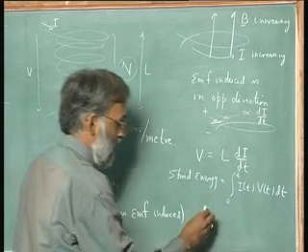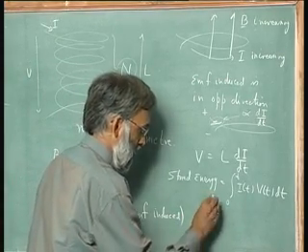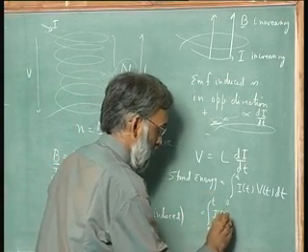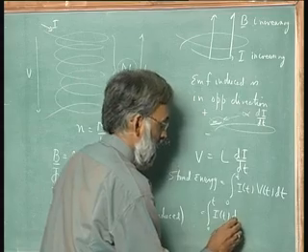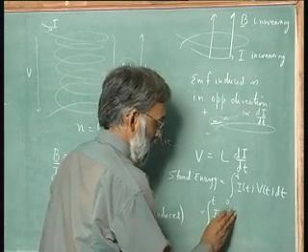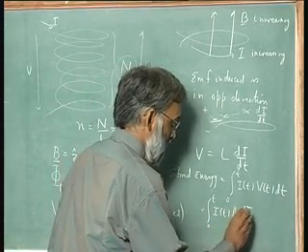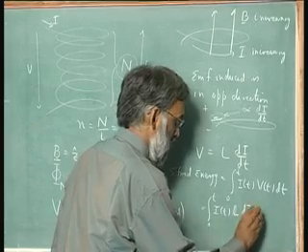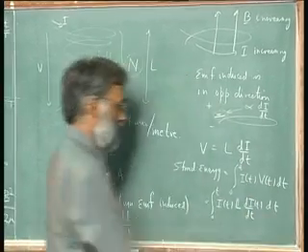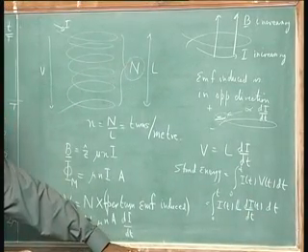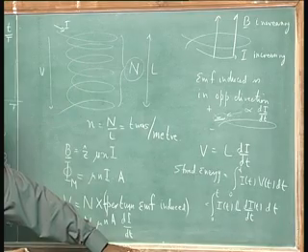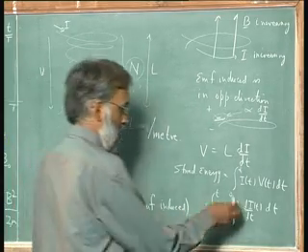But my V(t) is already L times dI(t)/dt, so the integrand is I(t) times L di(t)/dt times dt. Assuming L is a constant, I can pull it out.